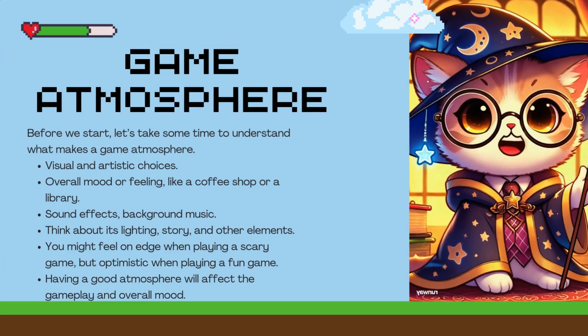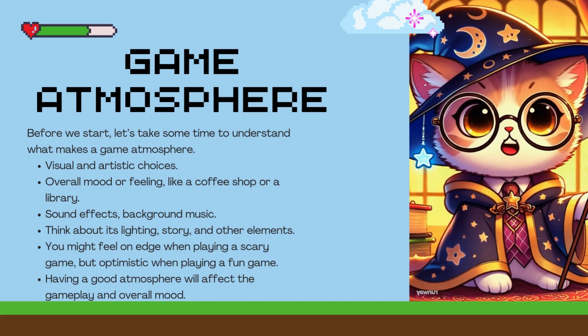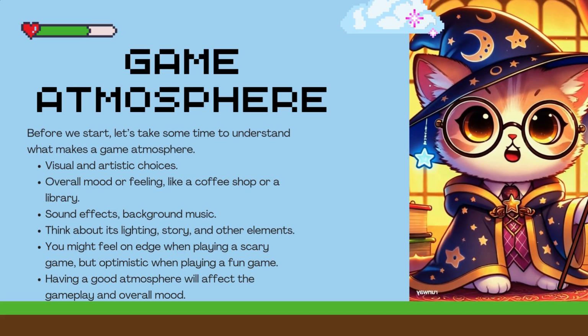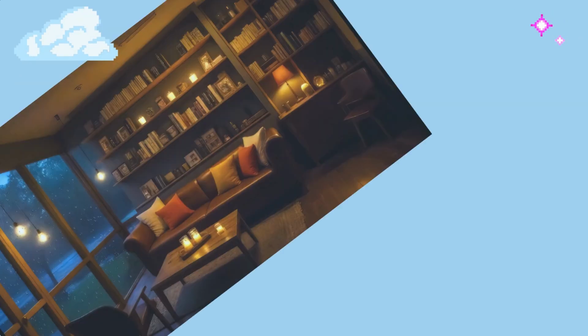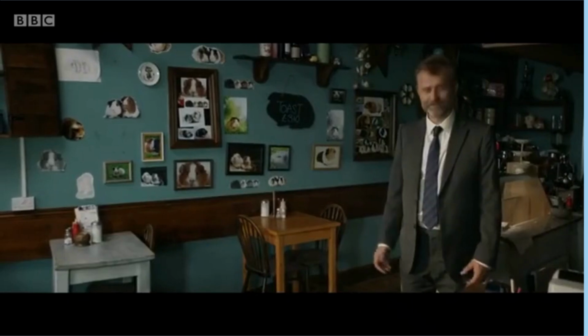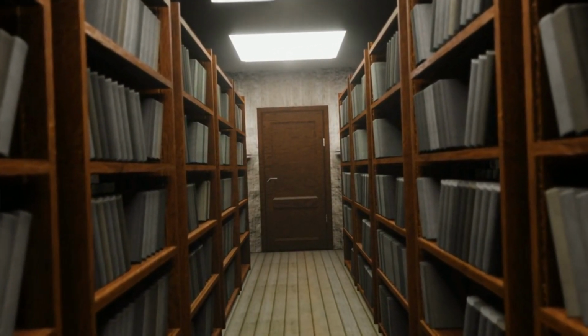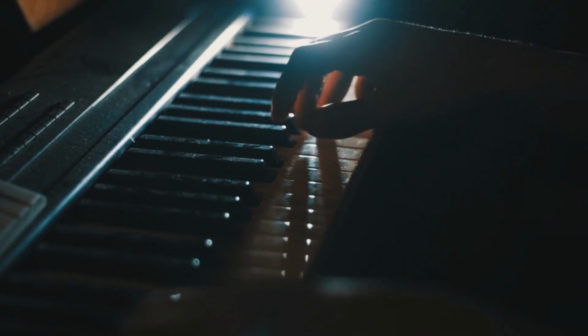Before we start, let's take some time to understand what makes a game atmosphere great. Visual and artistic choices. Overall mood or feeling, like a coffee shop or a library. Sound effects, background music.